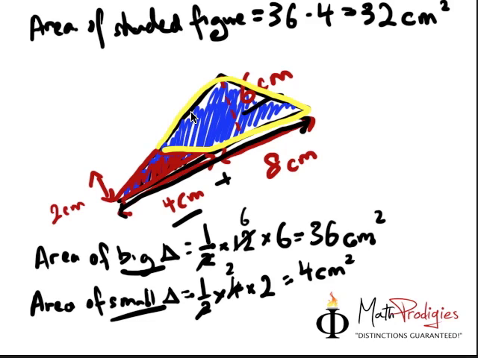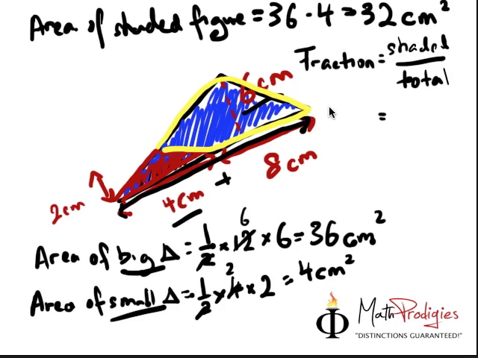So the question is, what fraction of the figure is shaded? Fraction is actually equals to shaded over what? Total. That's what the denominator is all about. So shaded over total. In this case, the shaded area we found out was 32, and the total is 36.